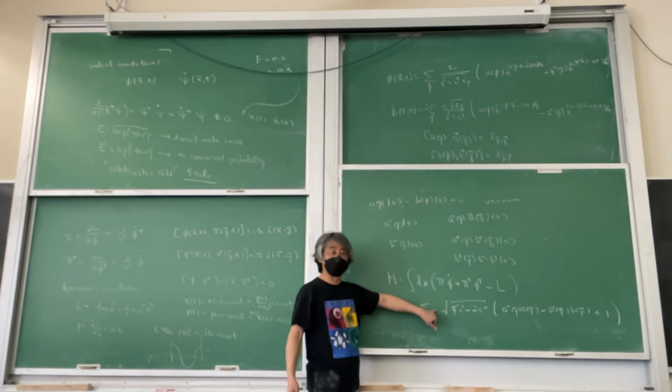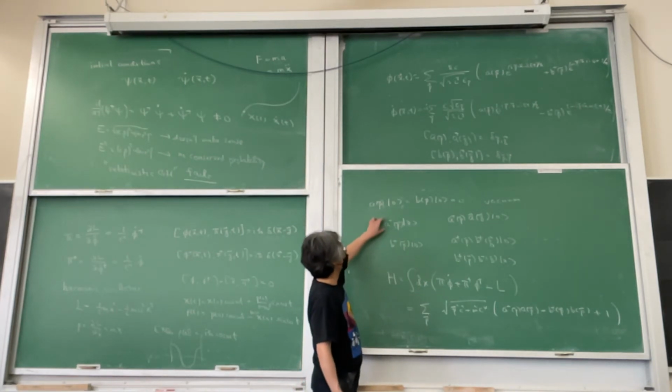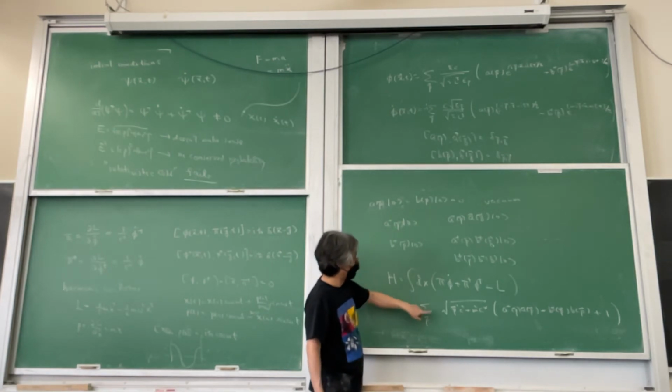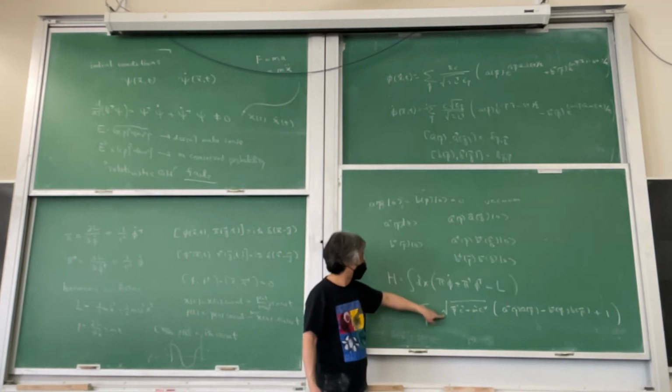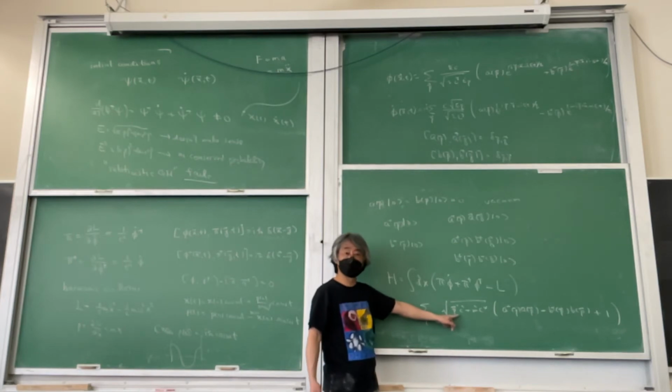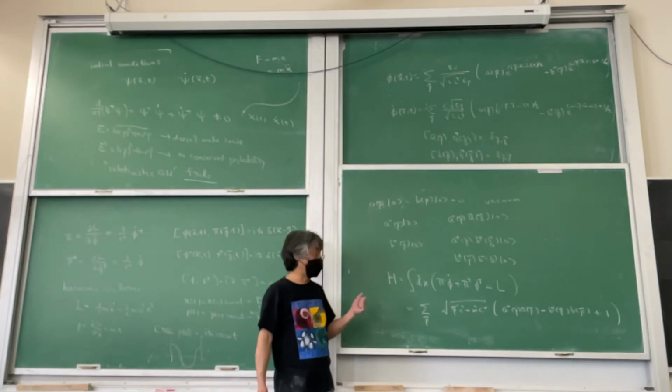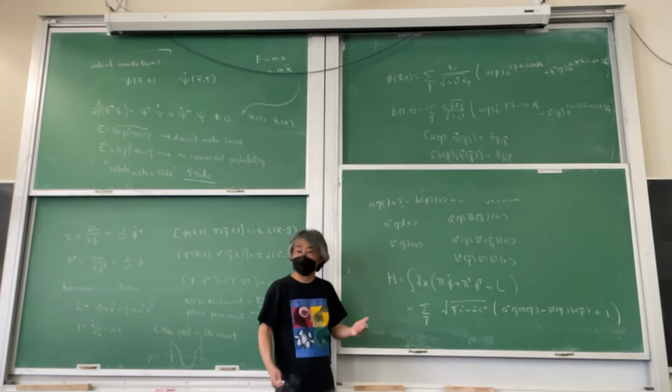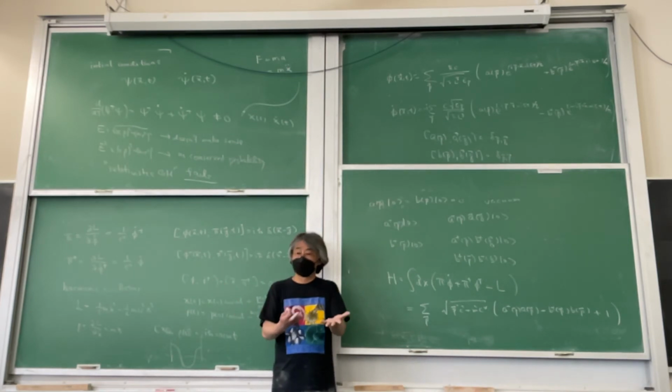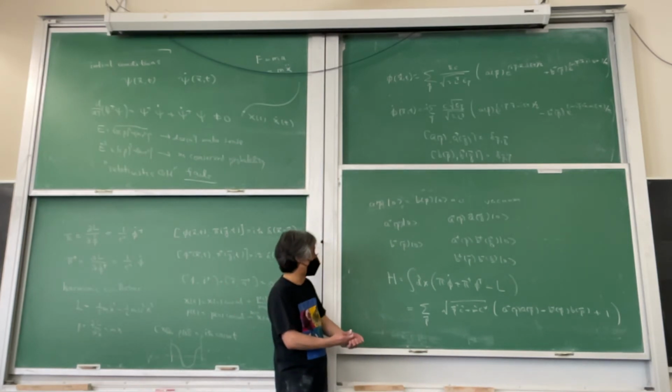Then the interpretation is very simple. Once you create a particle of momentum p, that state has energy given by the square root of p squared c squared plus m squared c to the fourth. And that's exactly the relativistic particle we wanted.